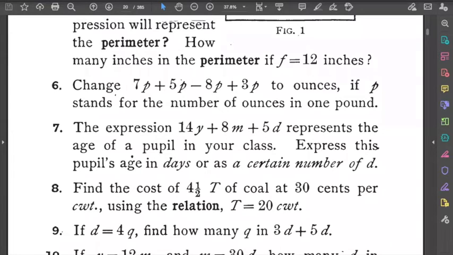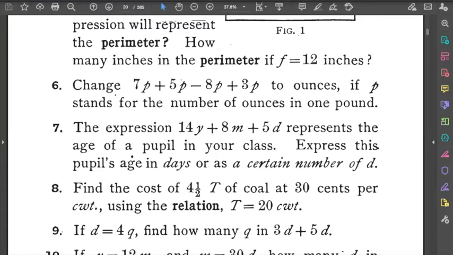Now the 7 says that the expression 14y plus 8m plus 5d, where y stands for years, m stands for months, and d stands for days, represents the age of a pupil in your class. Now express this pupil's age as a certain number of days.